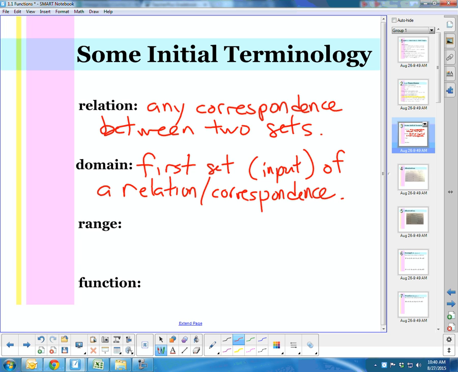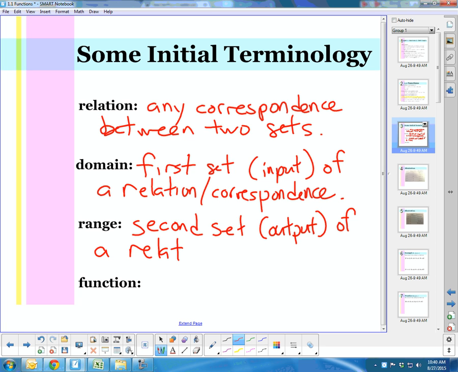The range is the second set, or the output of a relation or correspondence. Pre-calculus in general spends a lot of time talking about domains and ranges, so it's very important that you can identify and be comfortable with those two words. And those will be addressed later on in this section as well.